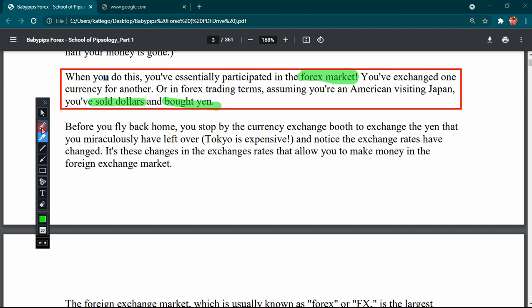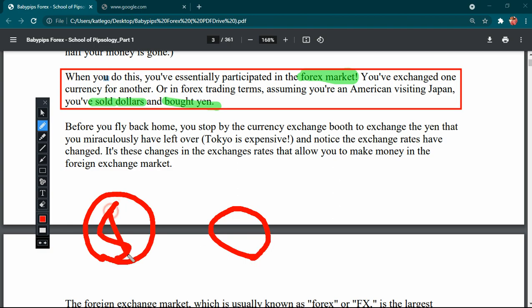Now let me try to explain this. I'm not good at drawing using a PC. This is America, this is Japan, right? We have a dollar this side and we have a yen. So when you want to have the yen, obviously you have to sell your dollar to buy the yen. So you're just exchanging.